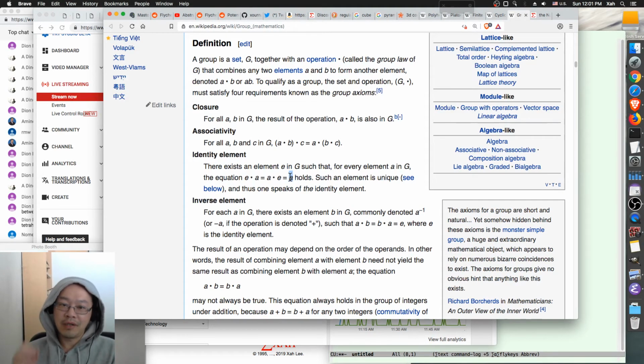The number 0 is the identity element with respect to addition. So you get the idea. In group theory, it requires you to have something similar: an element such that when you apply that binary operation, it just returns the other thing. And then there's an inverse element.